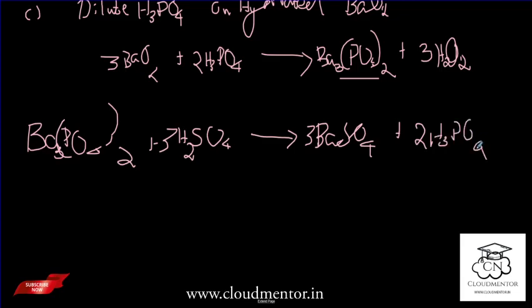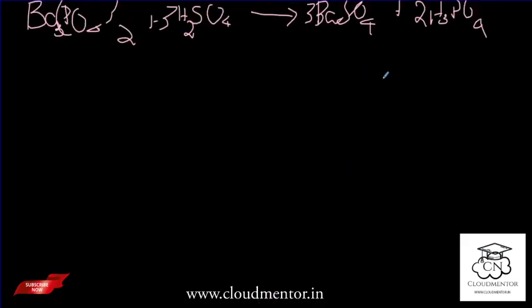BaSO4 is removed by filtration, and orthophosphoric acid is regenerated here for use again.